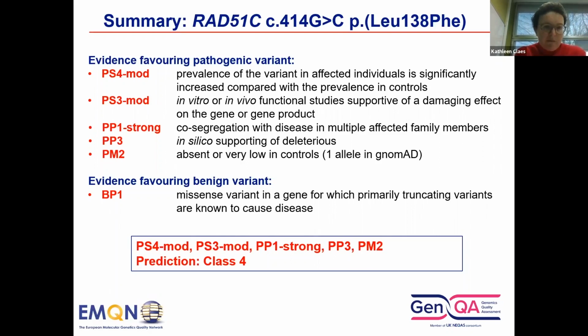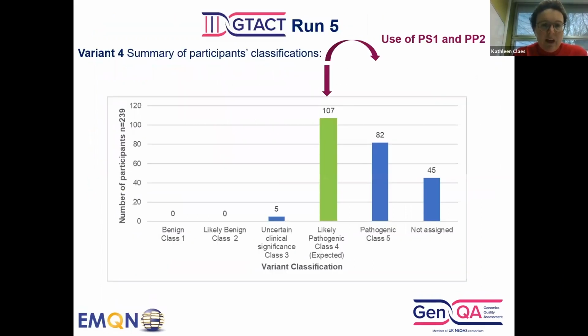Maybe we can go to the next slide, where you see the results. The majority of the applicants classified the variant as likely pathogenic, just like we did. However, there is also a large number of people who classify this as pathogenic.